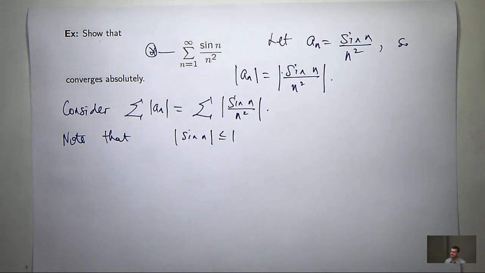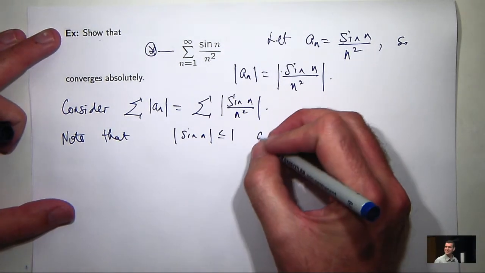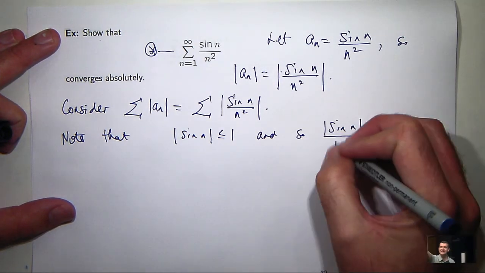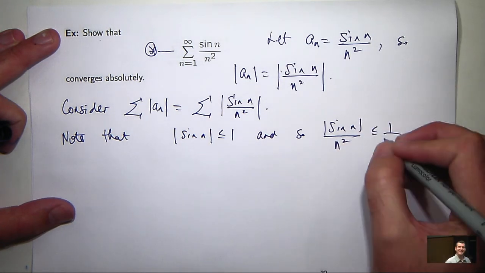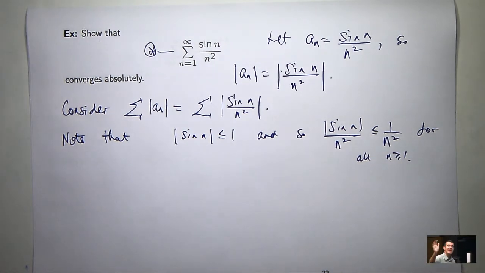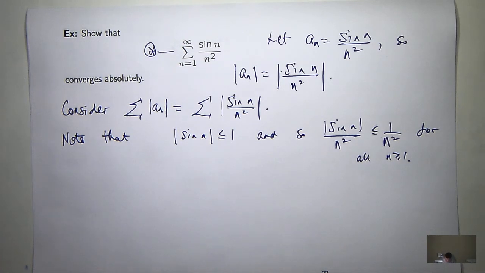If I divide both sides by something that's positive, I can come up with this inequality. You don't need the absolute value around the n squared, it's all positive. Now, what do I know? What do I know about sigma 1 on n squared? It's a p series. It's a convergent p series.